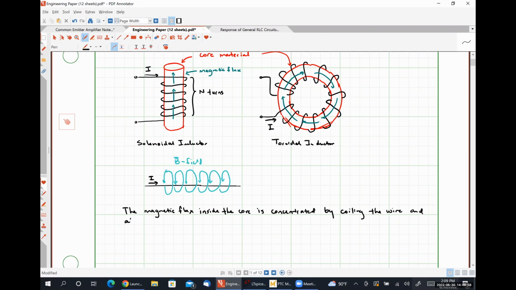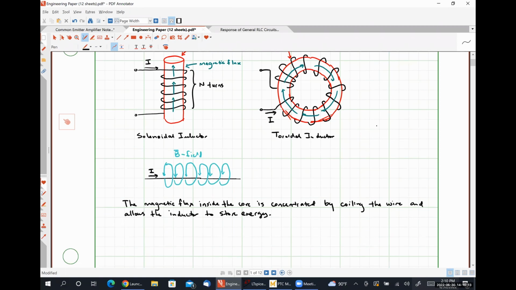And allows the inductor to store energy.